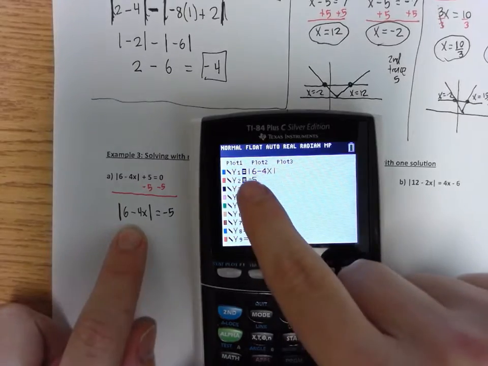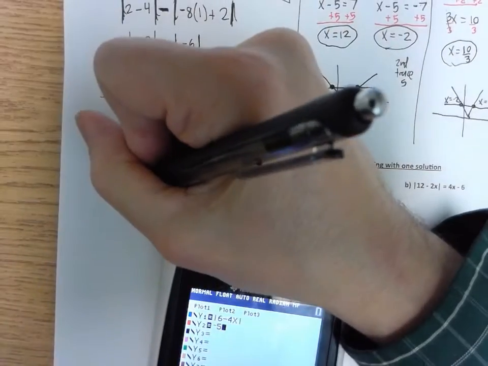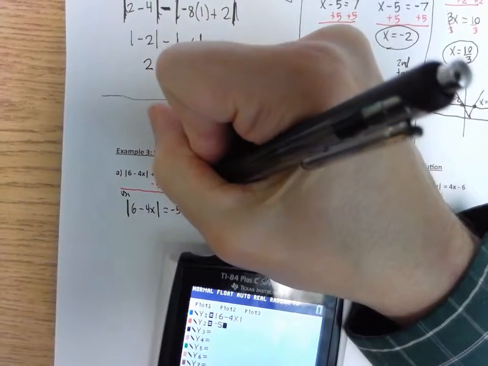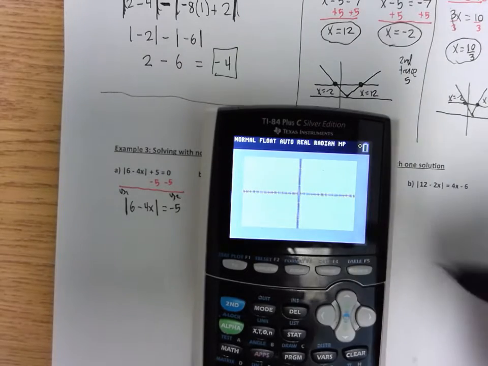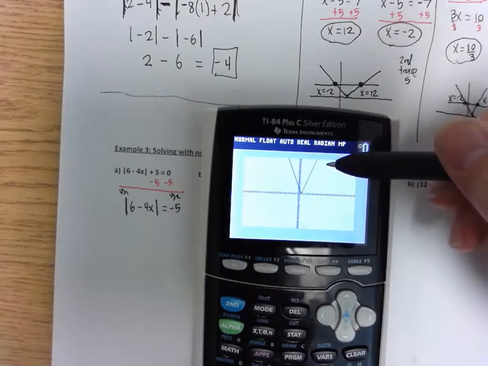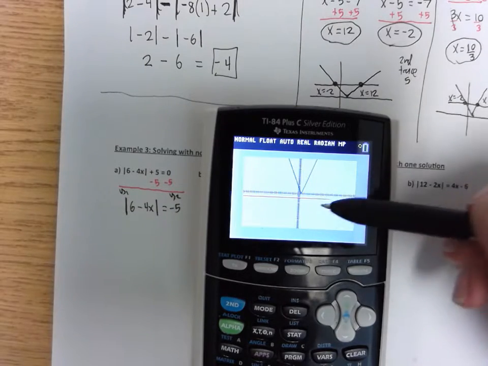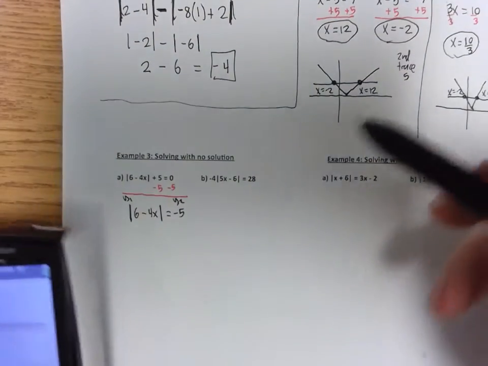If you put absolute value of 6 minus 4x into y1 and -5 into y2, and press graph, you will notice that you have your absolute value equation up here, and then you have the -5, which is below the x-axis, and they don't intersect. So an absolute value cannot be negative.